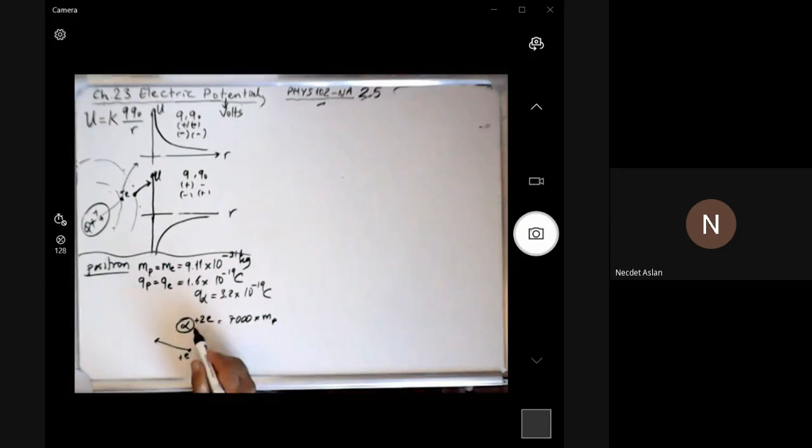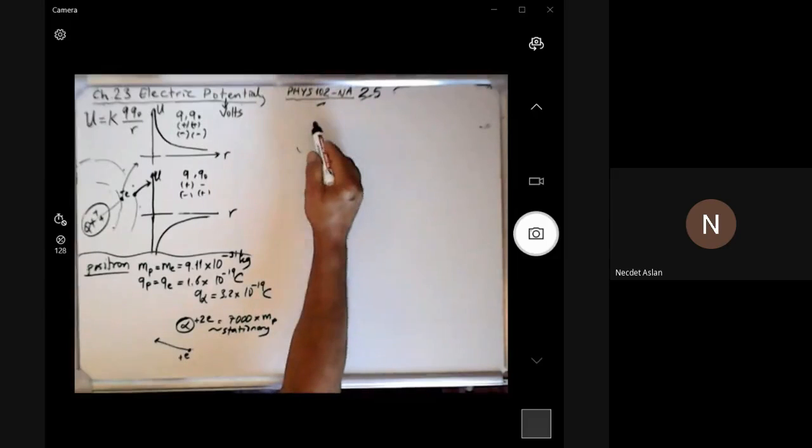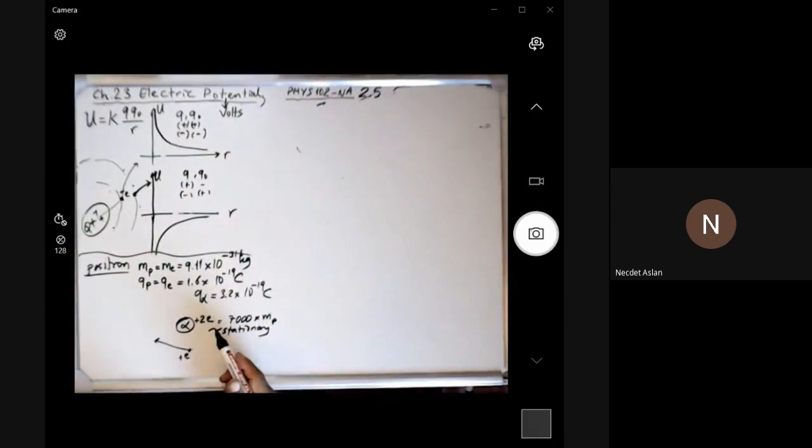It's very heavy. Because it is very heavy, we can consider it fixed. Like if this is 1 kilogram, this is 7 tons. Obviously it's not going to even feel this effect, but the electron will feel it. So we assume that this is approximately stationary. This is the alpha field, just like the fixed charge that I described here.